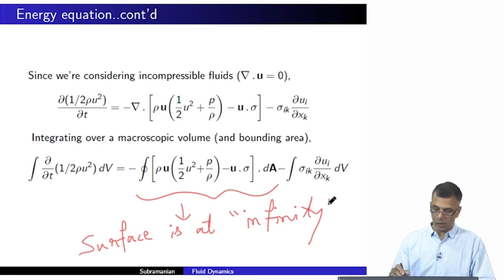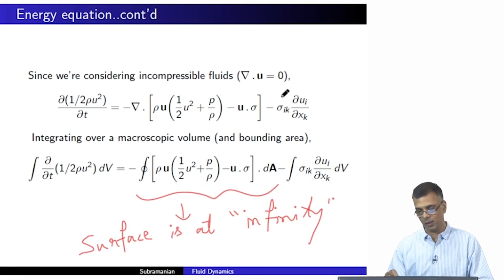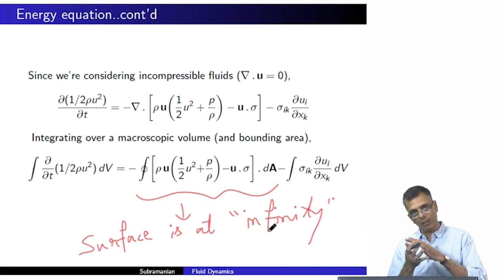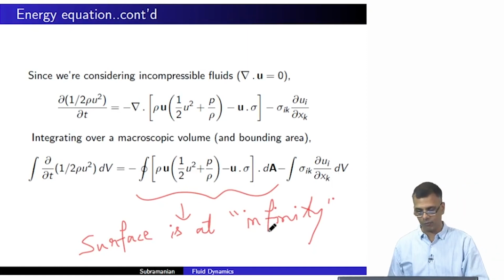In going from here to here, you take a volume integral of this term and use Gauss's divergence theorem to turn it into a surface integral. Here, this we keep as a volume integral, and we're going to do something clever with this. That's also why I emphasize that in this surface integral, I'm integrating over the entire fluid, and the bounding surface I take to be at infinity.